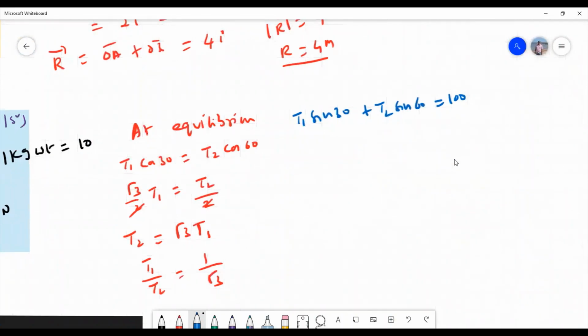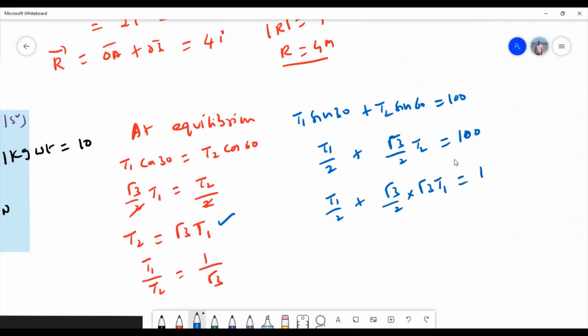Sin 30 is 1 by 2, so T1 by 2, plus sin 60 root 3 by 2 into T2 is equal to 100. But we got one relation, T2 is root 3 times T1, so you can put it here. So T1 by 2 plus root 3 by 2 into root 3 T1 is 100. Okay. So root 3 into root 3 is 3.